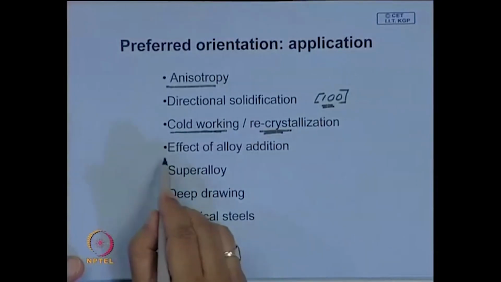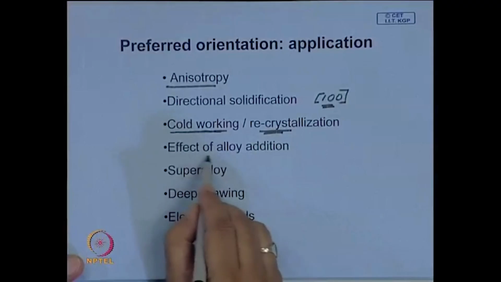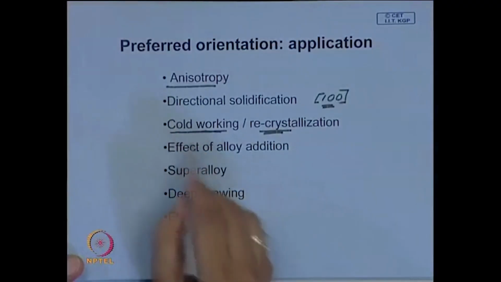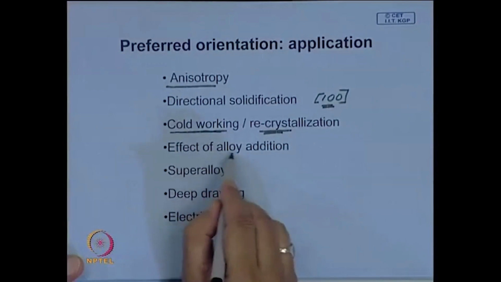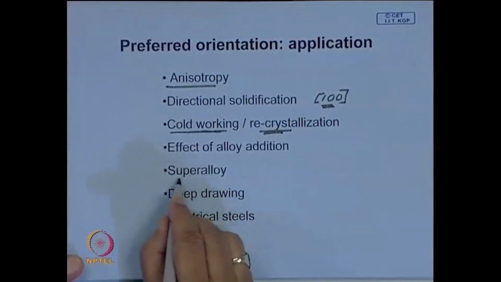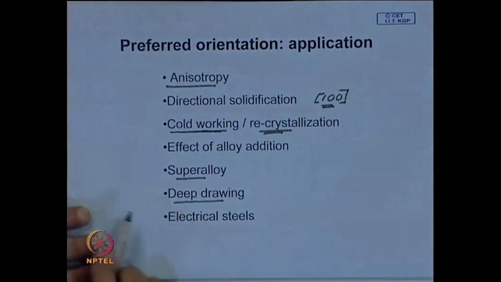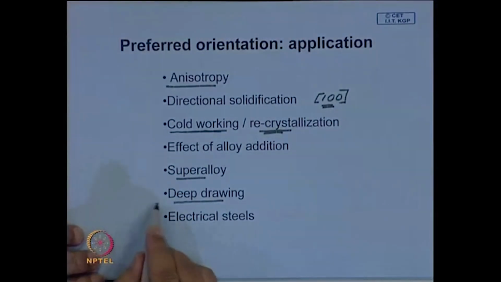We will look at whether alloy additions or other factors control this kind of preferred orientation that you get here. We will talk about a few applications, one related to superalloy. We will also talk about sheet products, which are made by deep drawing, and how to get good formability so that they can be easily deep drawn with minimum rejection.